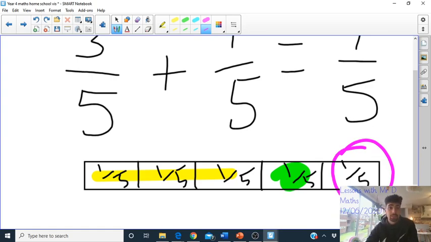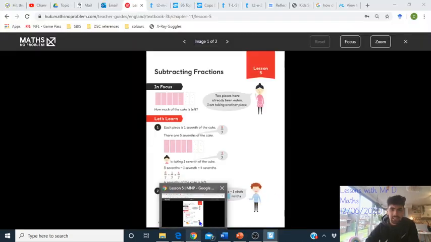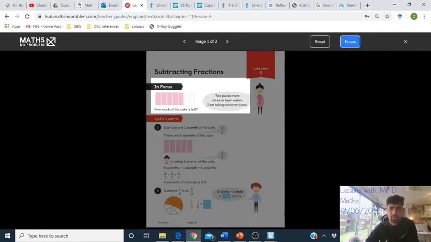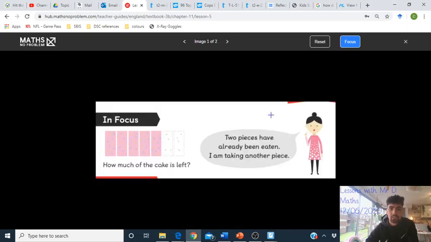Today all we're going to do is subtraction, and I'll give you a little bit of a clue. It's very similar to addition. If the denominator is the same, you just subtract your numerators. It's as simple as that. The textbook tries to make it tricky, but you should be fine. Let's focus on the in focus, and you can have a go first.